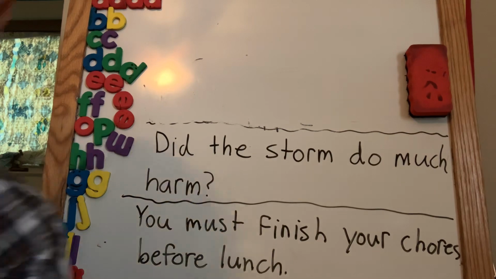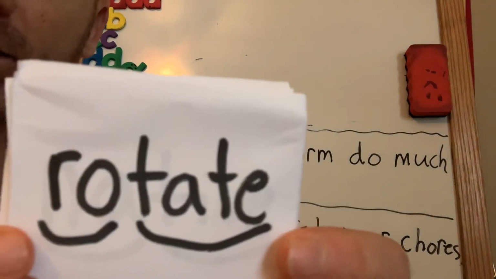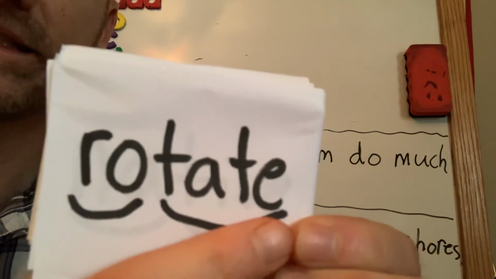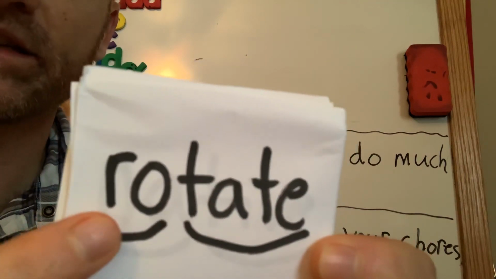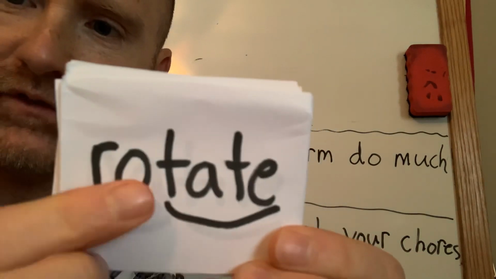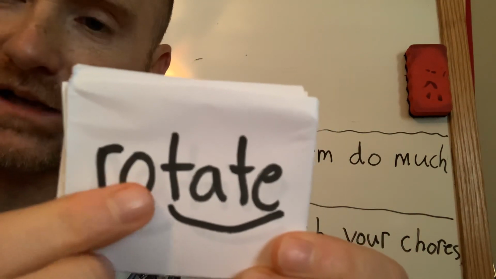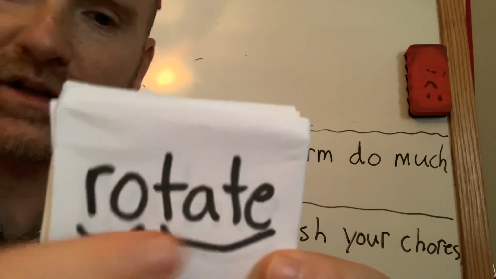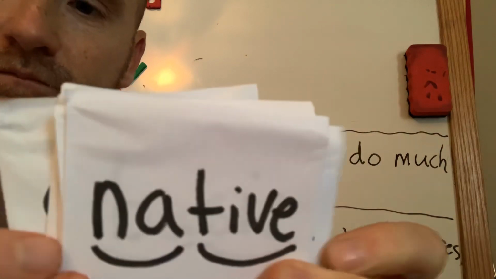All right, see if you can do it before me. Are you ready? Look carefully. Rotate. Okay, these are old unit words, okay? So the first syllable is open. That's got to make a long vowel sound. What type of syllable? Vowel consonant E. That's got to be a long vowel sound too.